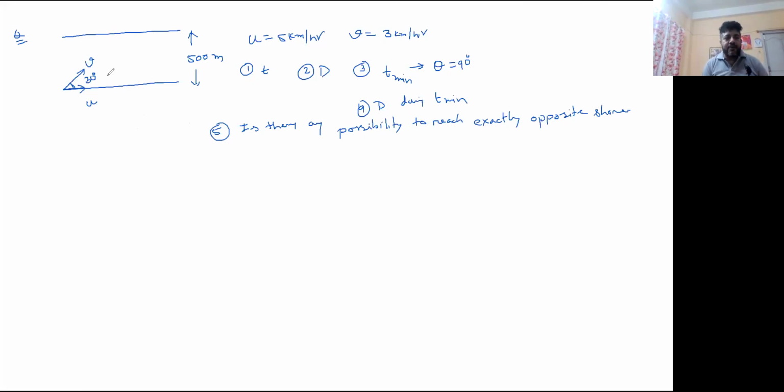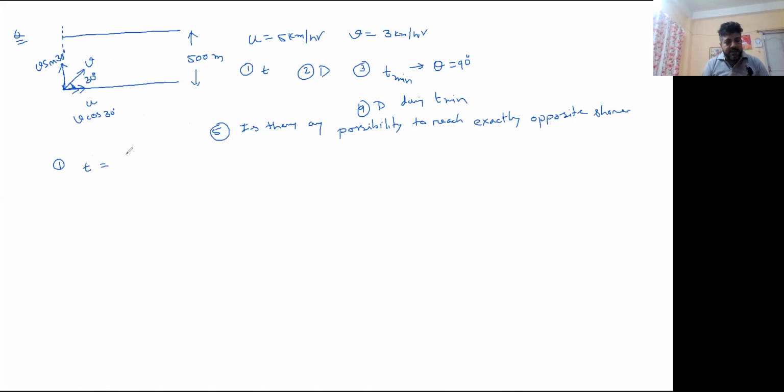See, first of all, this is V, that is 3, and this is the perpendicular. So this perpendicular is V sin 30 degree, and here you have V cos 30 degree. First, number one, we have to find the time taken to cross the river.